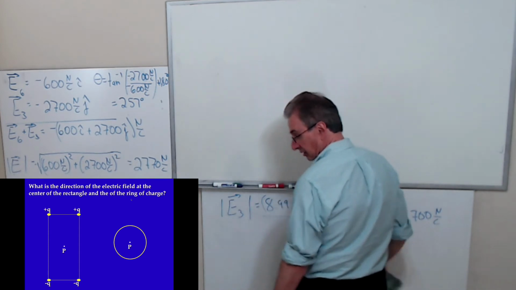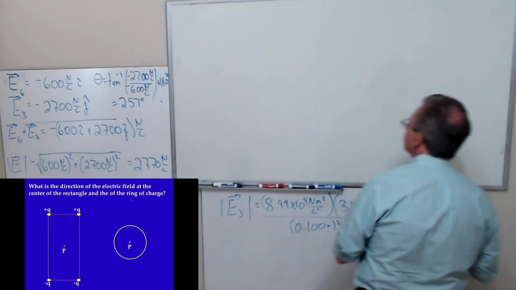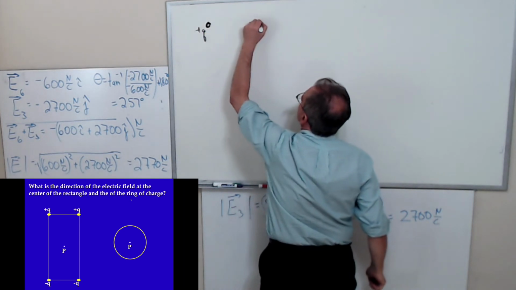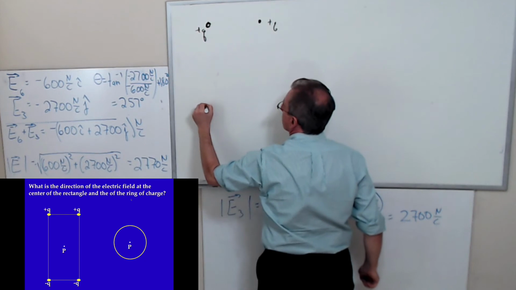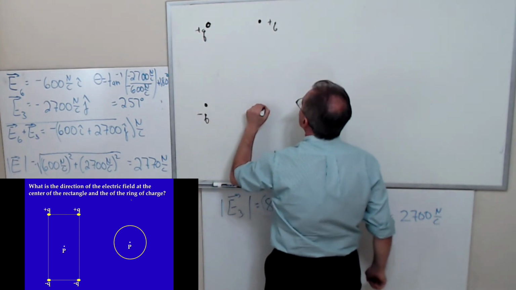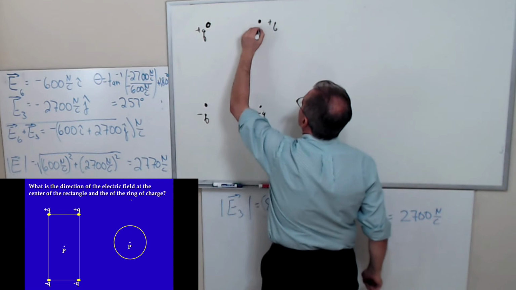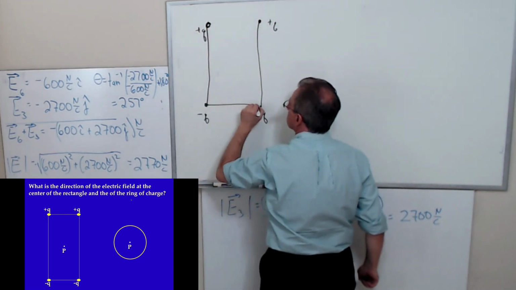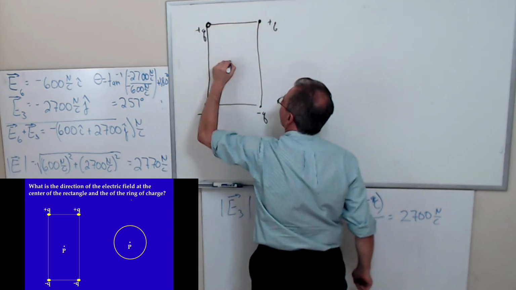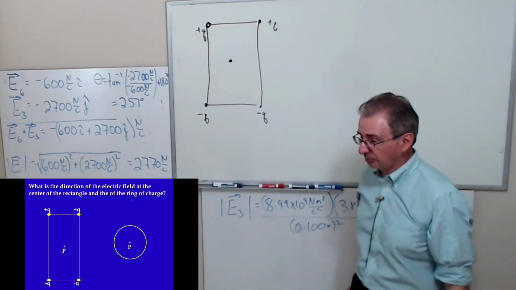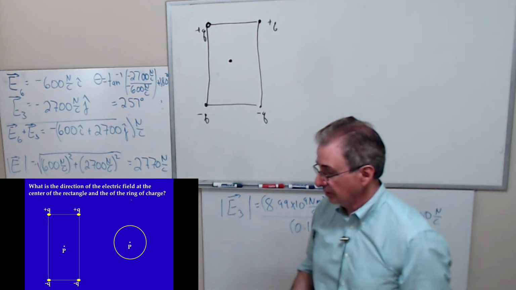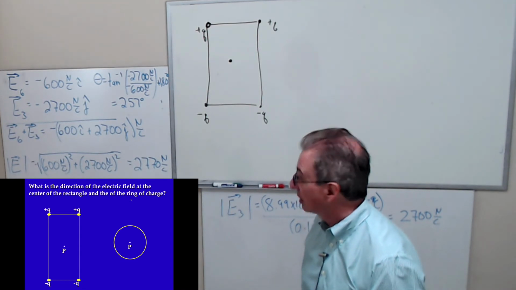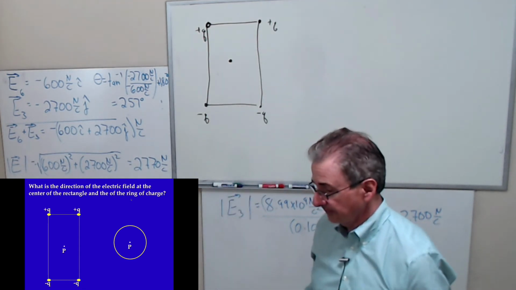Let me draw in my charges. If it doesn't look like a rectangle, it's supposed to look like a rectangle, okay? I want to find the field at that point P, some location in space, due to those 4 charges.